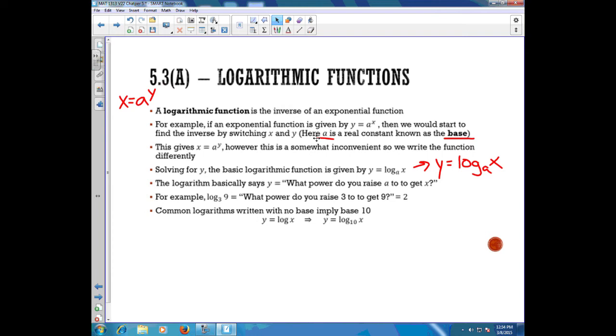For example, if we have log base 3 of 9, that's saying what power do you raise 3 to get 9? Well, 3 to the second power is 9. And so log base 3 of 9 is just equal to 2.